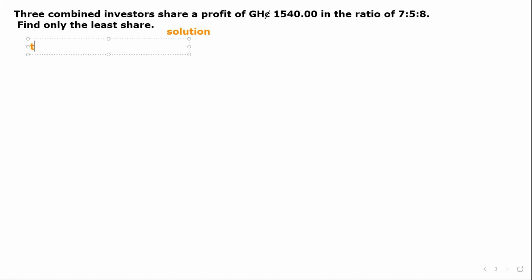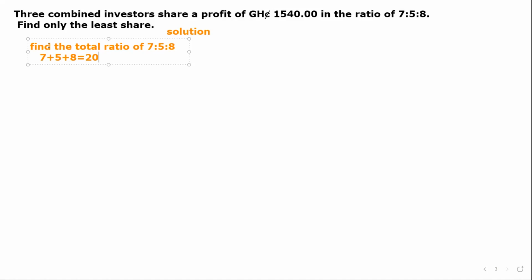So I'm going to find the total ratio of 7:5:8, and that is 7 plus 5 plus 8, and that one will give you 20. Okay, that one will give you 20.